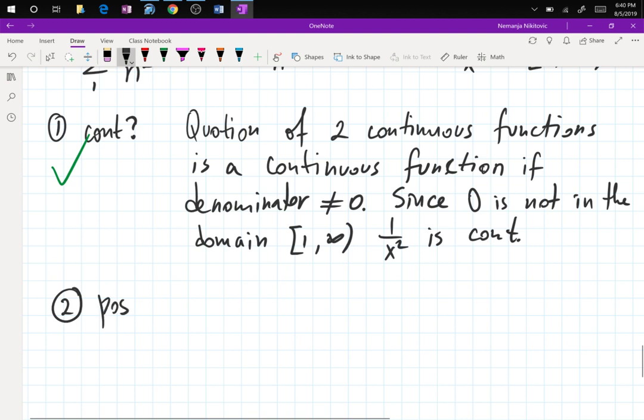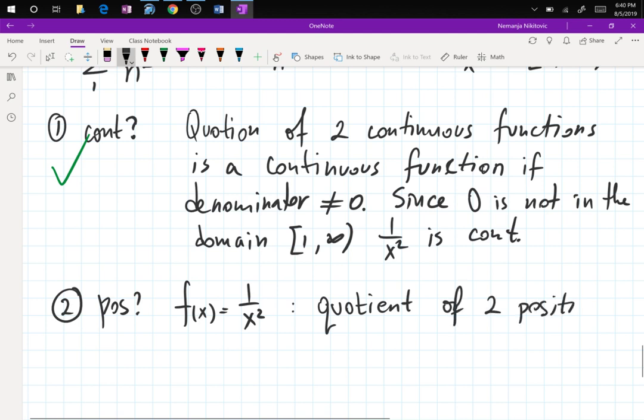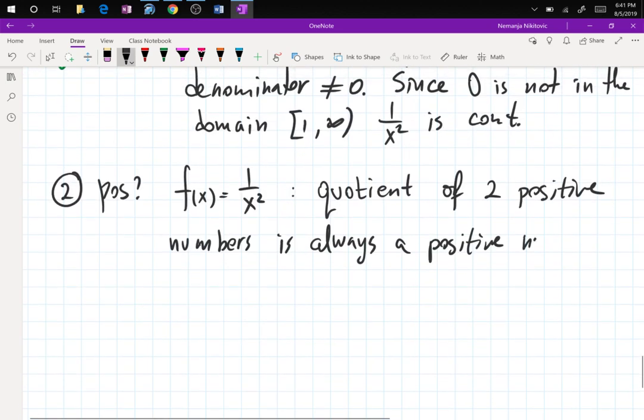Positive. Because we are considering f of x equals 1 over x squared, we can just say the quotient of 2 positive numbers is always a positive number. And we're done.